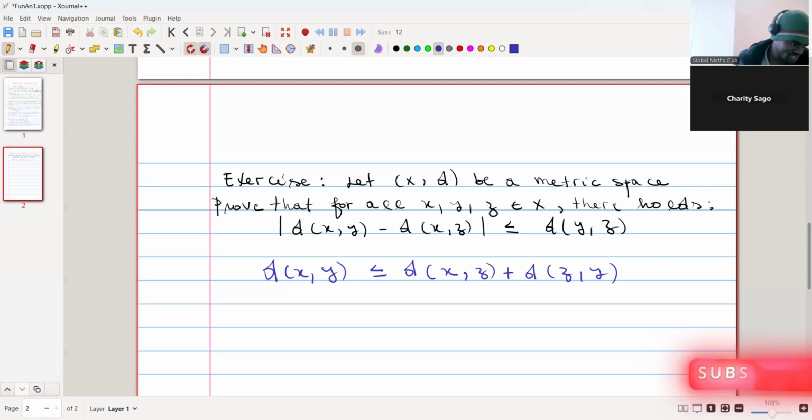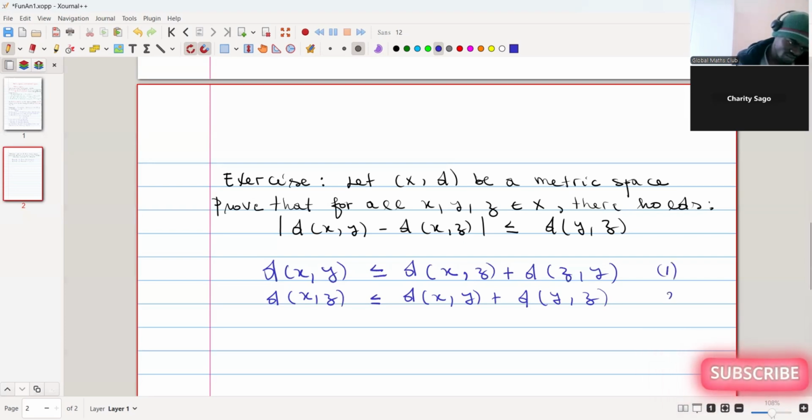I can also say that (2) the distance between x and z is less than the distance between x and y plus the distance between y and z. I'm going to see if with these two triangle inequalities, I can get this result.